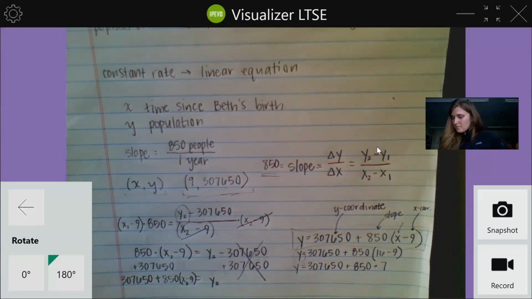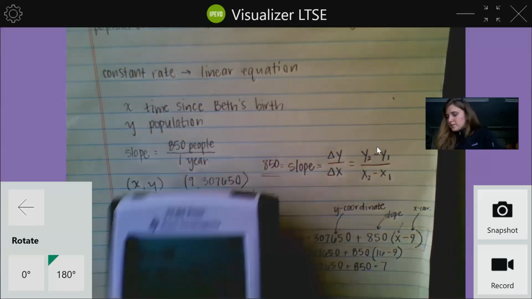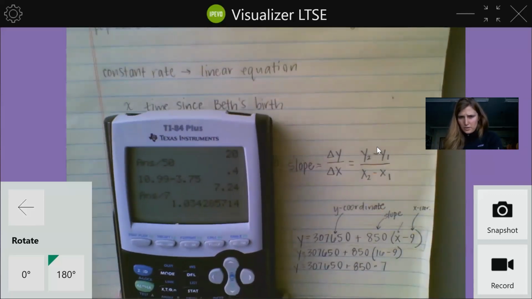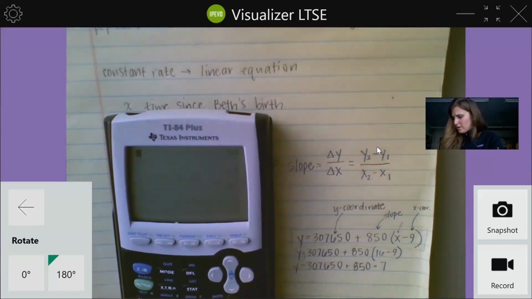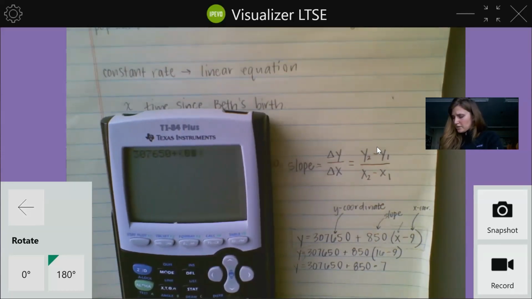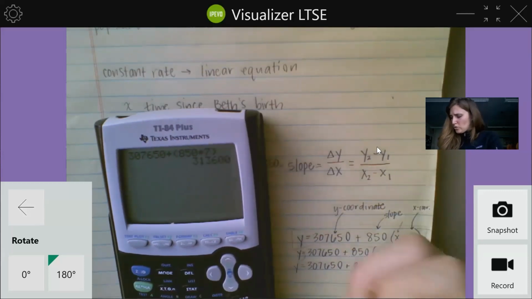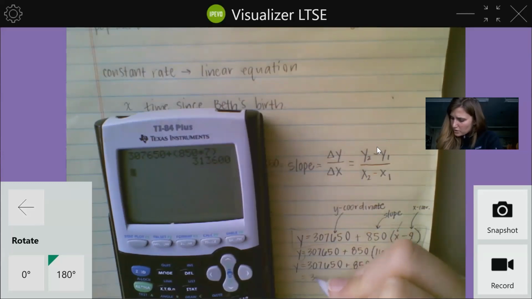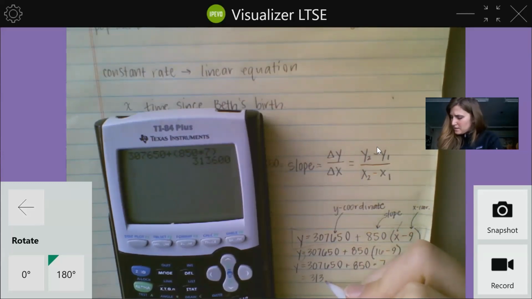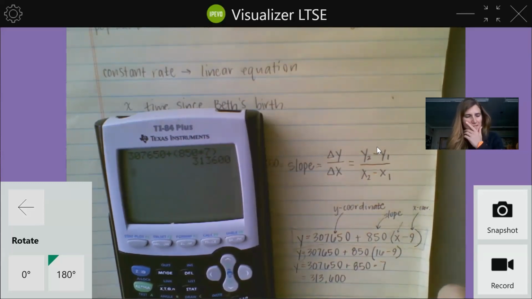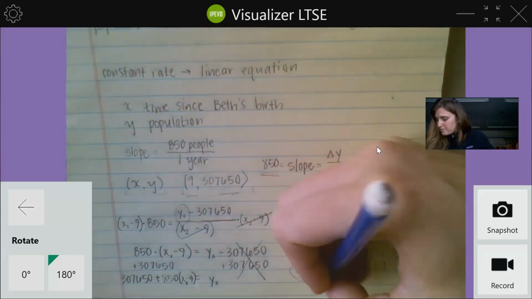Yes. So I'm going to pull out my calculator, and I'll go ahead and put that in. So I have 307,650 plus 850 times 7, which is equal to 313,600. So that's going to be the population on Beth's 16th birthday, right?